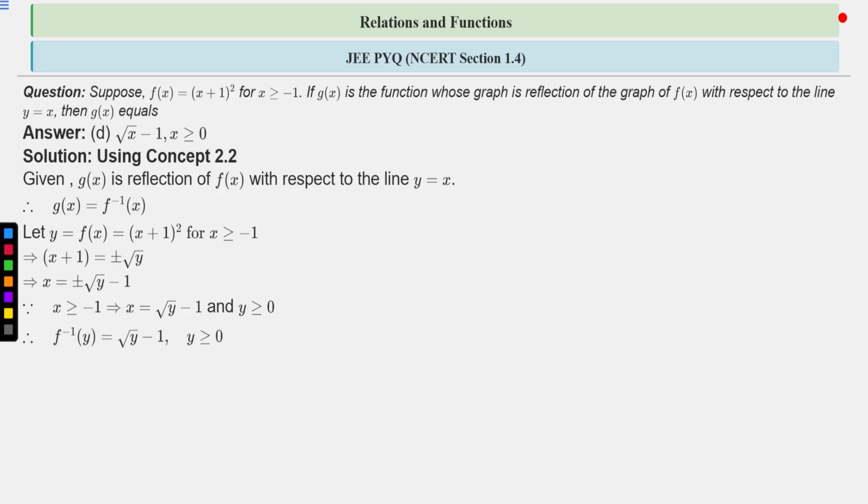Therefore, f inverse y is equal to root y minus 1 when y is greater than or equal to 0. This implies f inverse x will be equal to root x minus 1 when x is greater than or equal to 0.